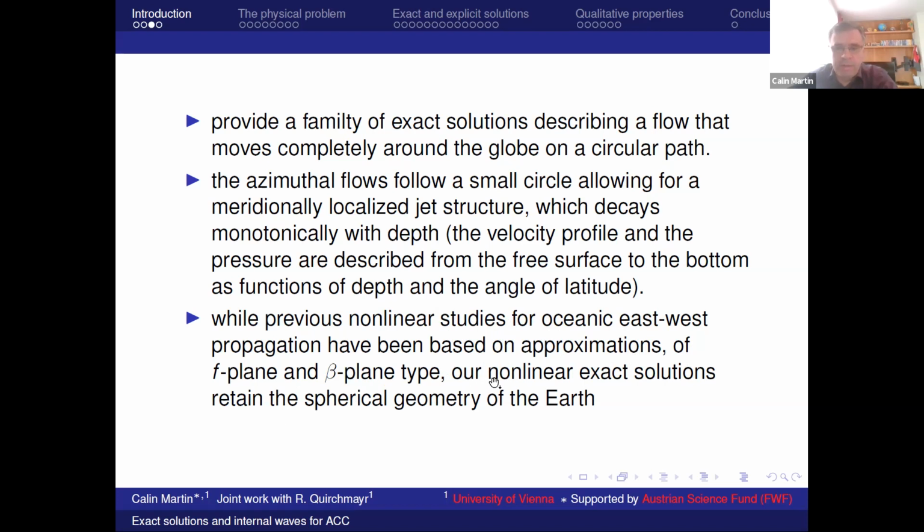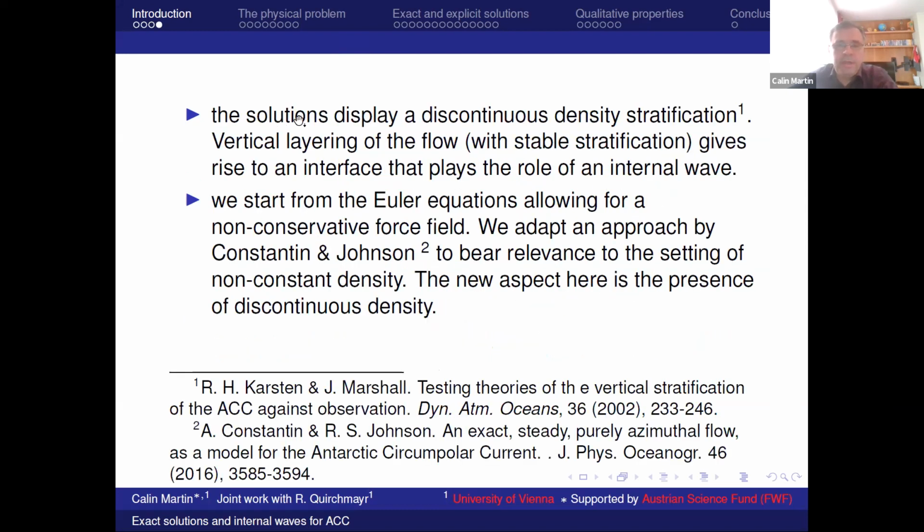However, the nonlinear exact solutions that we construct retain the effects of the spherical geometry of the Earth, and they possess a discontinuous density stratification. The density stratification in ACC was pointed out in a paper by Karsten and Marshall from 2002, and they hinted to the possibility of existence of a thermocline in ACC.